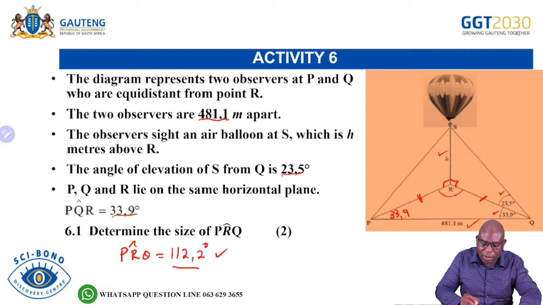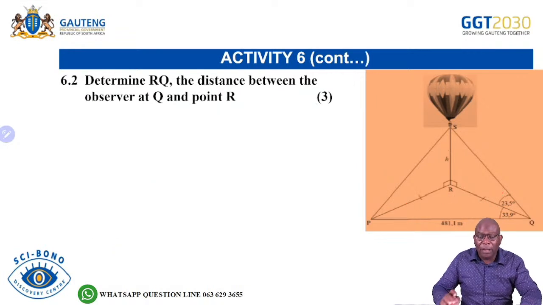See, and that is the 2 marks, easy 2 marks. First, you must write down that one, then I know that is 112.2 degrees, because these 3 angles must give me 180 degrees.